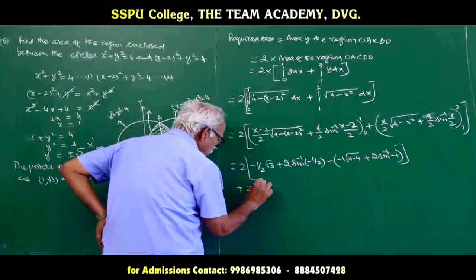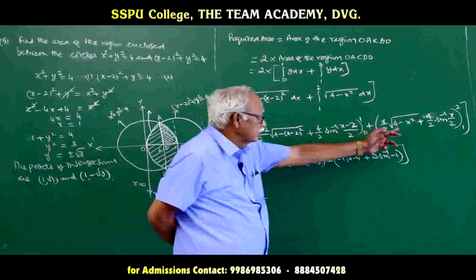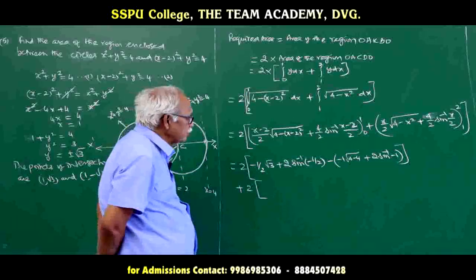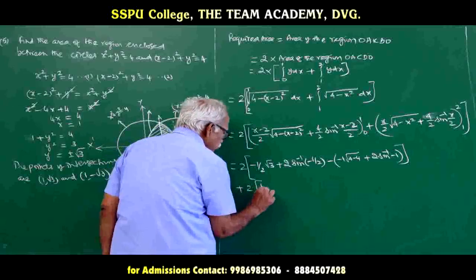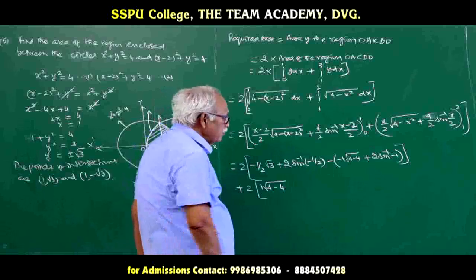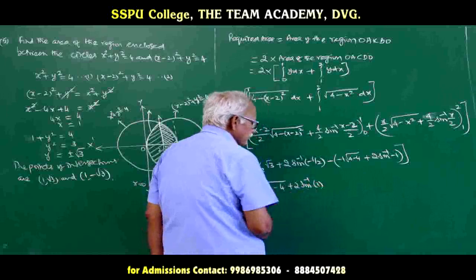Now, do not forget, you have to multiply it by 2. The 2 is for both terms, so we have to apply 2 here. Now, you see 2 by 2, 1 into square root of 4 minus 4 upper limit plus 2 into sin inverse of 1.